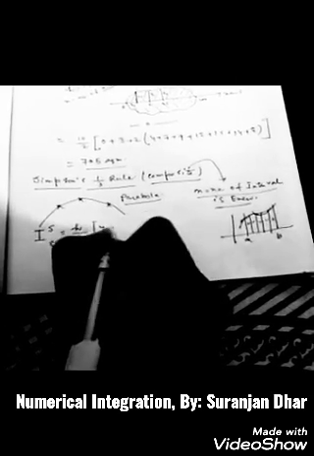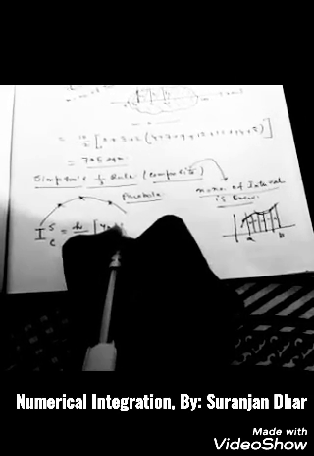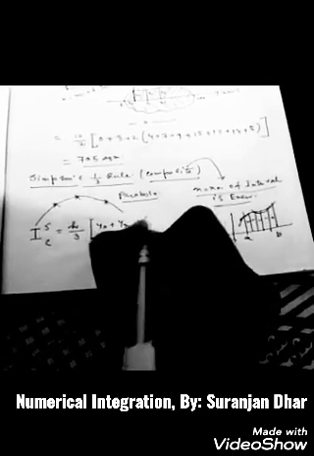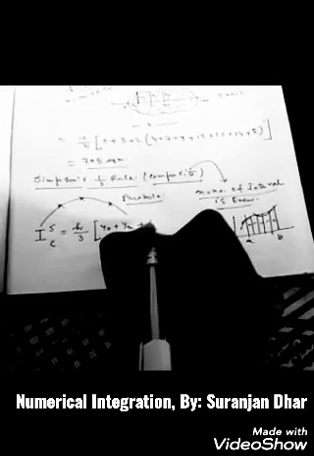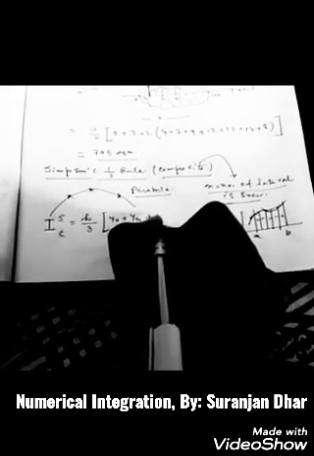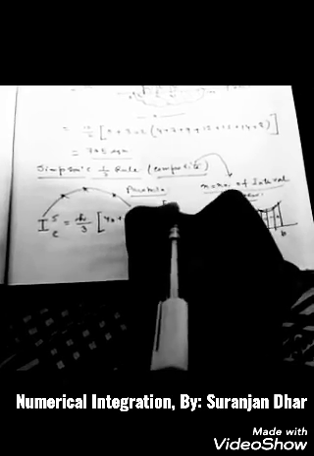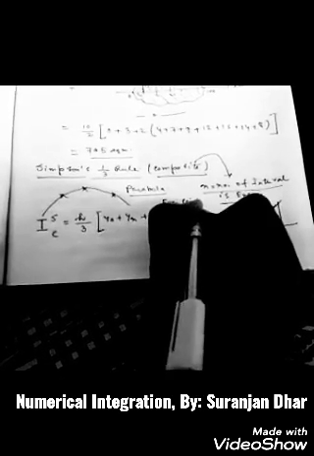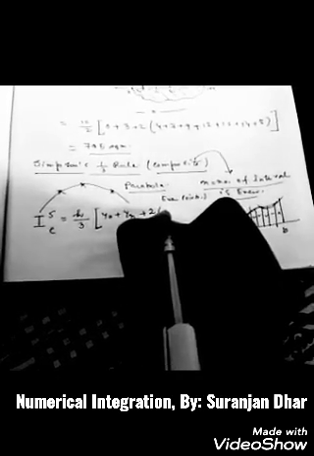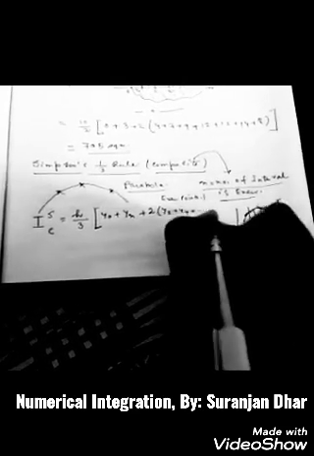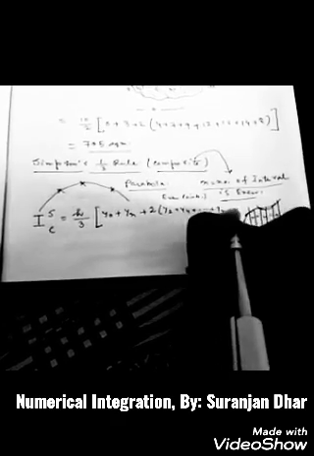Again first plus last, where n is the number of intervals, so the last is yn. In the trapezoidal rule it was 2 into the remaining others; here it is 2 into the even points: y2, y4 up to yn minus 2.